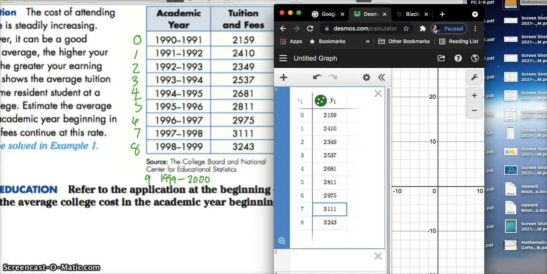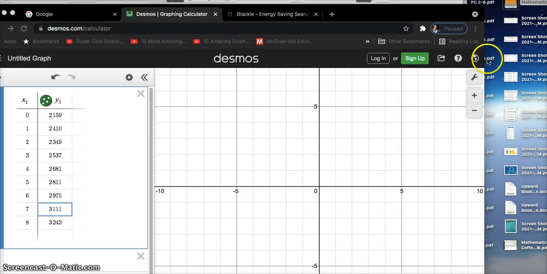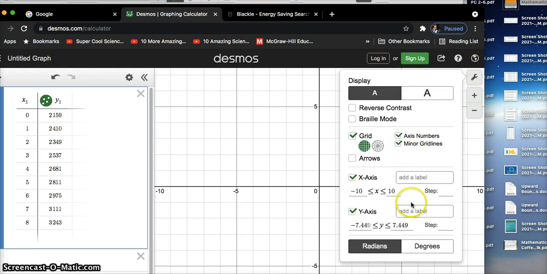Now the calculator will do the rest of the work for us in terms of graphing. So what I want to do here is change the look of my graph. I'm going to go up to the little wrench here, and I'm going to make this a little bit larger, or at least make this fit my data a little bit better.